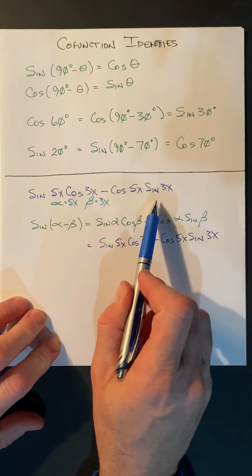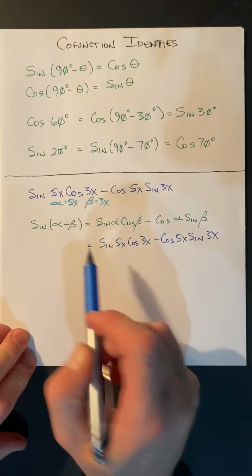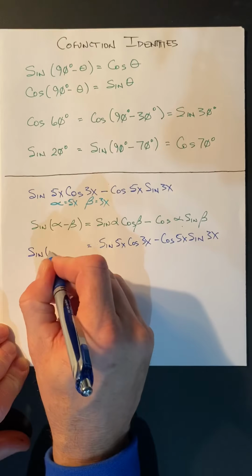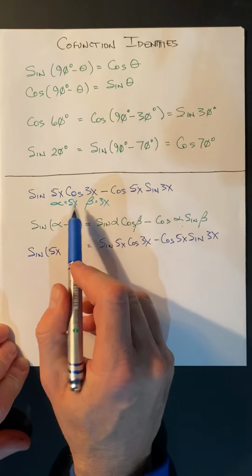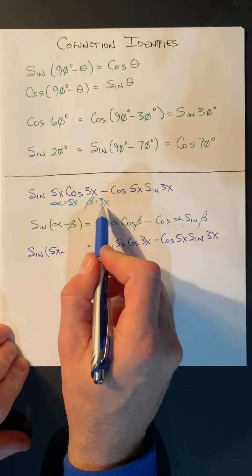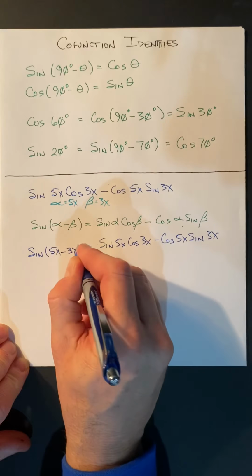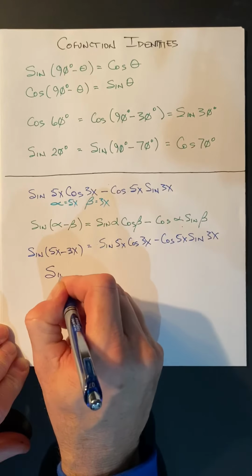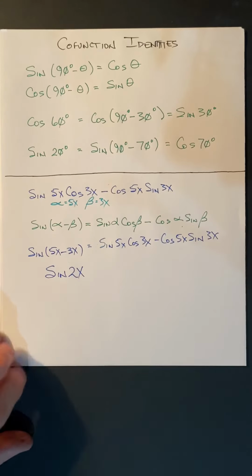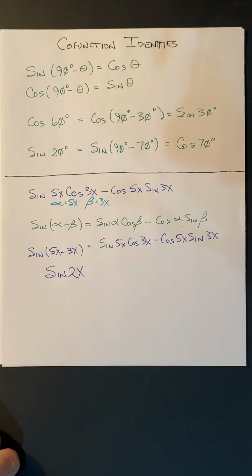And that's exactly what I had up there. So that tells me this is the sine of 5x, my alpha, minus the beta, which is my 3x. So really, that initial expression works out to be just the sine of 2x, okay?